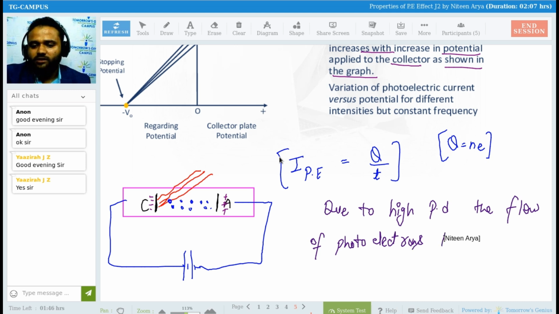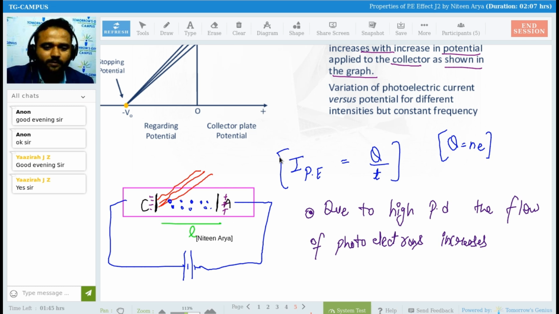When the flow of photoelectrons increases, the length remains the same. Try to understand this thing, this is very common, obvious. This length remains the same, and I'm saying V increases. Flow is what? Velocity of photoelectrons increases.